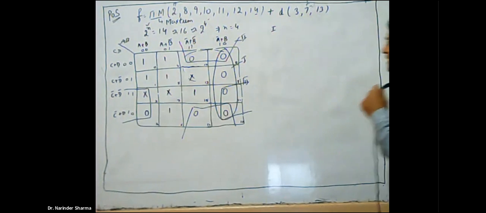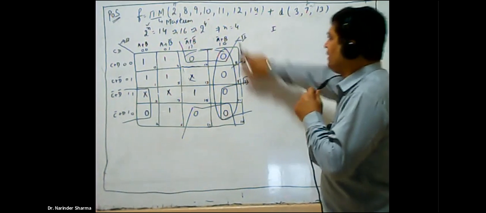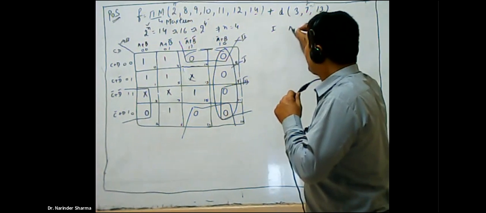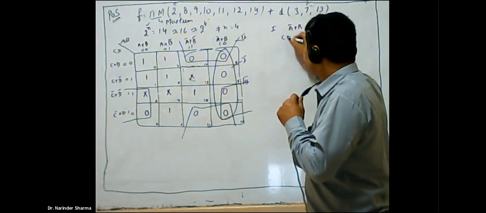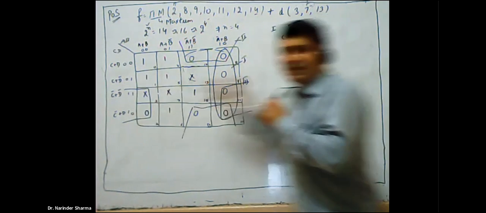Now we can make the first group. Here you will get A bar plus B. This side C plus D, C plus D bar.